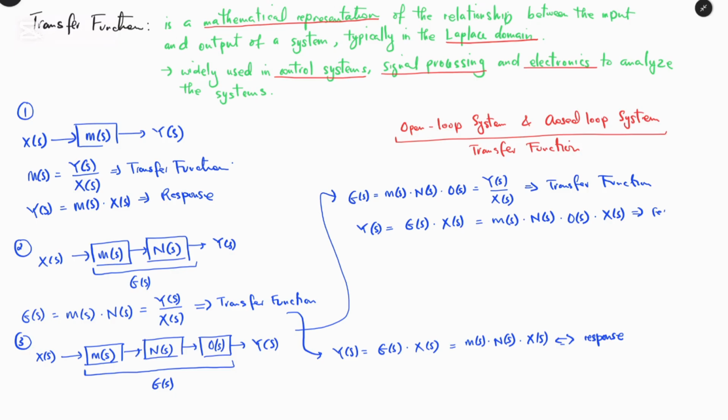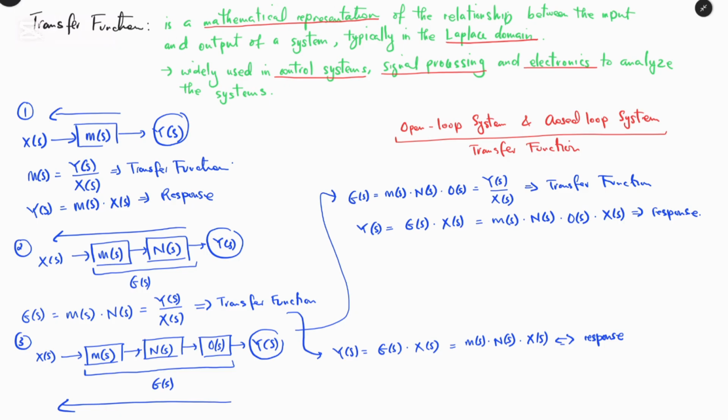So this is the response of the system. From this, we can easily analyze if we want to find the response of the system. And since it is connected in a linear manner, we multiply all of these to get the response, similar to what we discussed in the previous diagram.